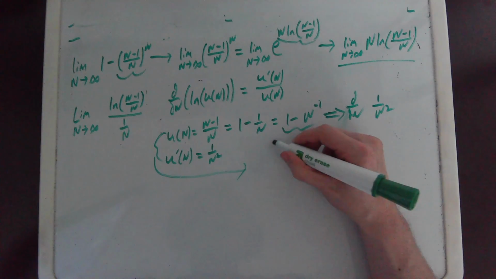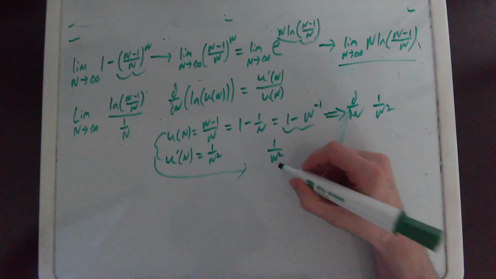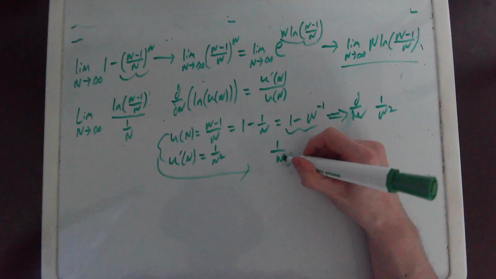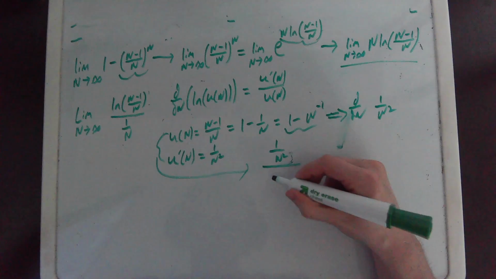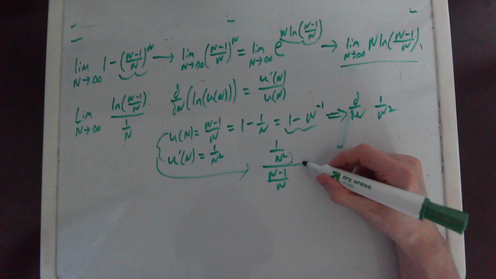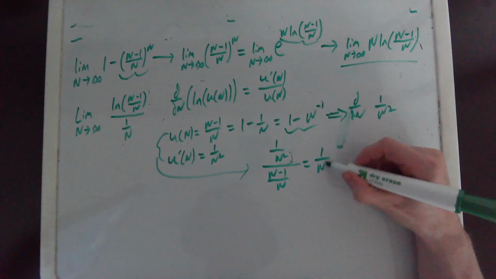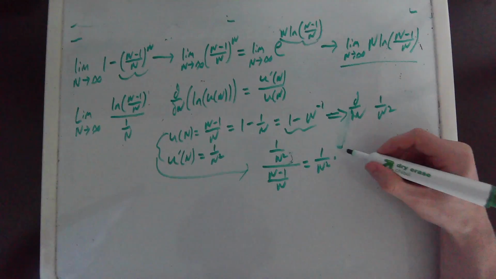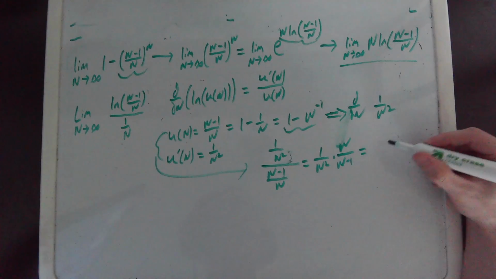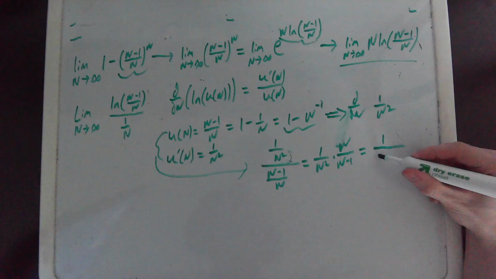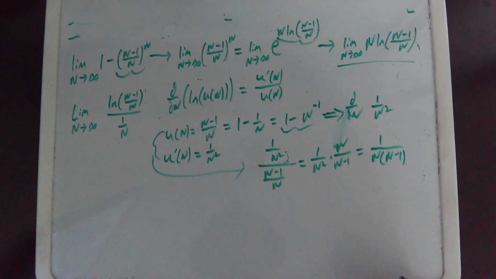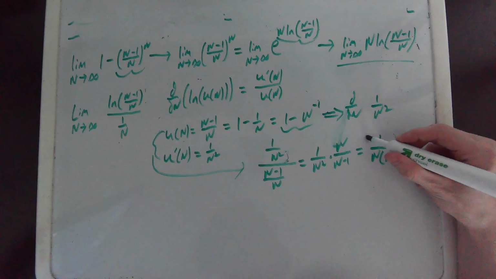The derivative on top is 1 over n squared, all divided by (n minus 1) over n. And this is the same thing as 1 over n squared times the reciprocal of this, so n over (n minus 1). And this all equals 1 over n times (n minus 1), because this n will cancel with one of those. Okay, so now this is the derivative of the numerator.